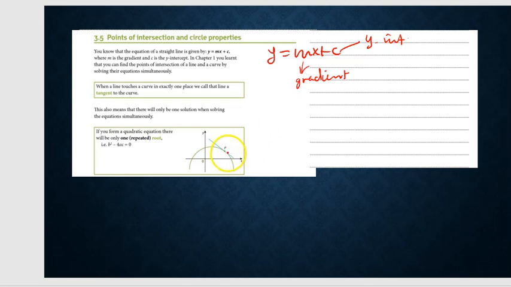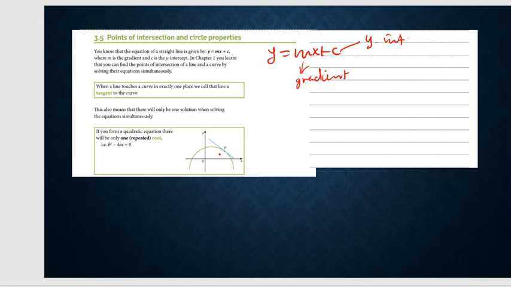You can see this line touches the curve in exactly one place, so you call that line a tangent. It also means that there will only be one solution when solving the equations simultaneously, because the line touches the curve in one point. So when solved simultaneously, there will only be one accepted solution.